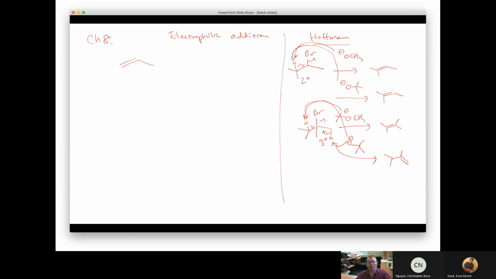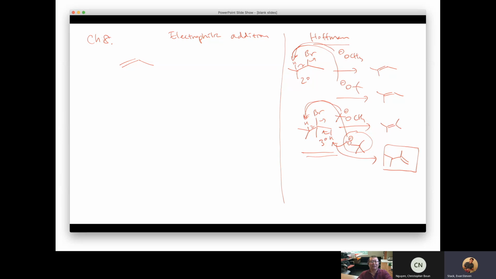It has to be a bulky base. Without a bulky base, I don't expect the Hoffman product to happen. It also has to be very sterically hindered, like a tertiary alkyl halide, with hopefully some more bulkiness around it. In that particular situation, you get the Hoffman product. Other than that, most likely the Saytzeff product.